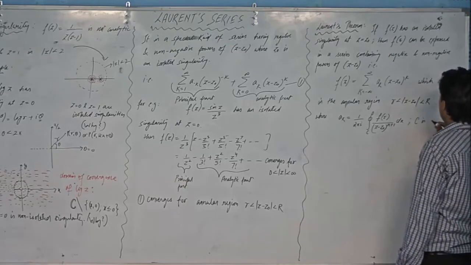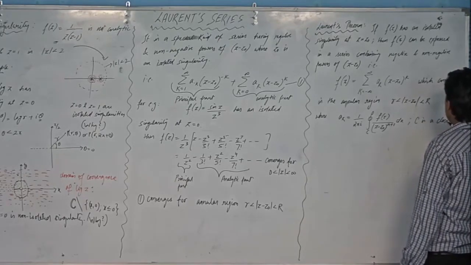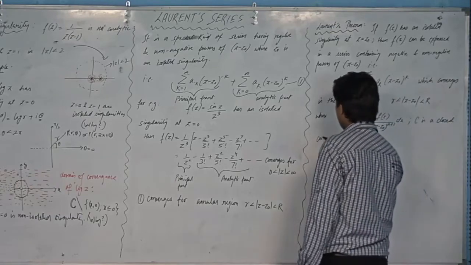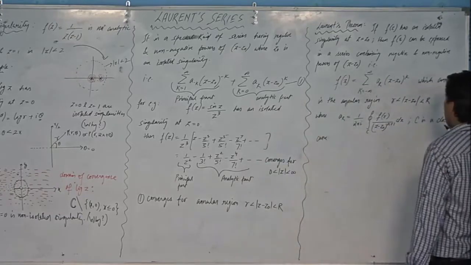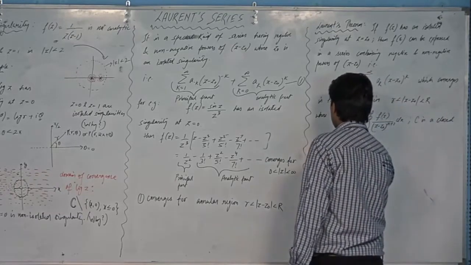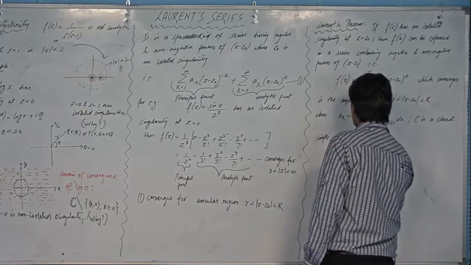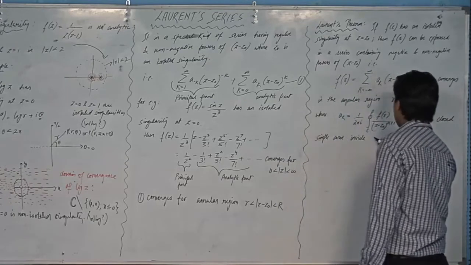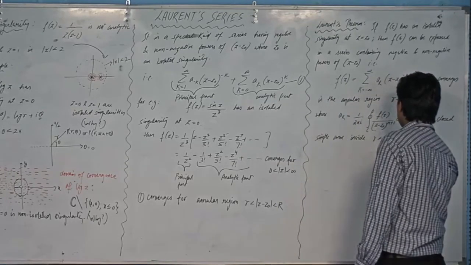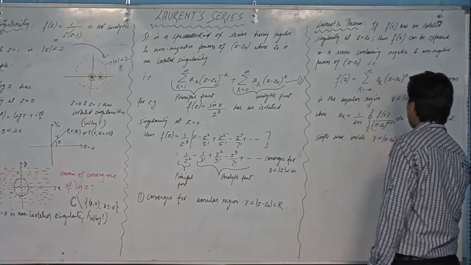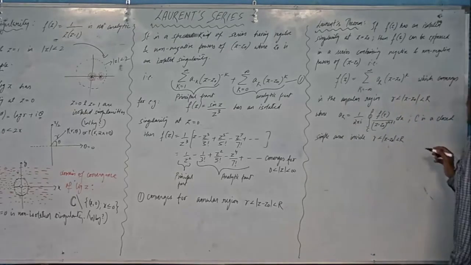C is a simple closed curve inside this region small r less than mod z minus z naught less than capital R, right?